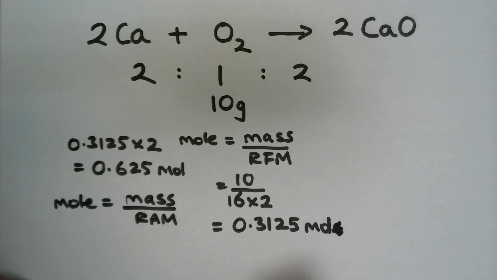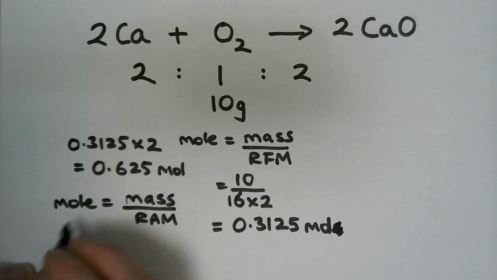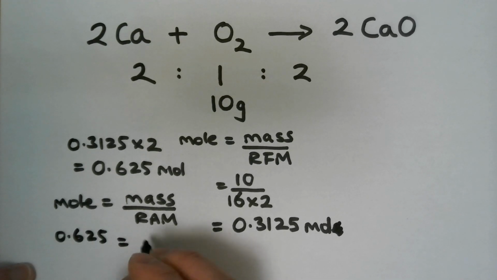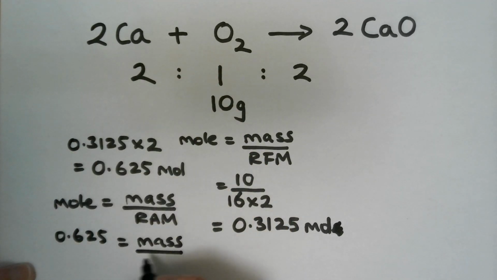Okay, so I just need a bit more space here. So I'll put the numbers in. I know the number of moles, 0.625 equals mass over, and I know that the relative atomic mass of calcium is 40.